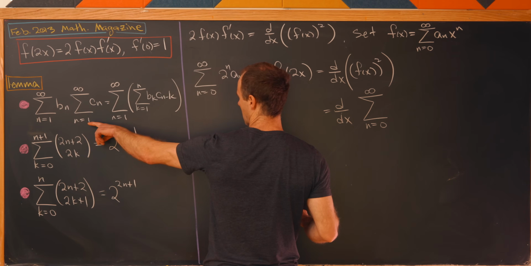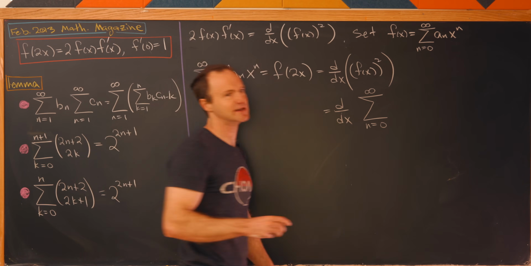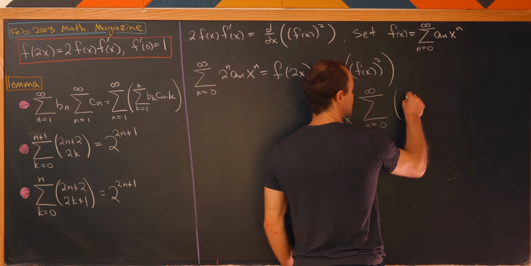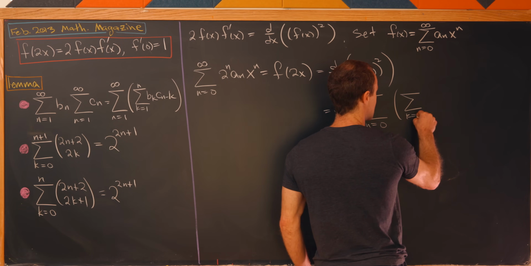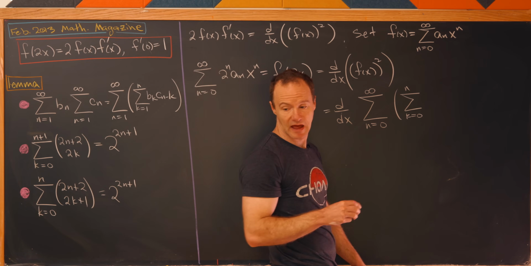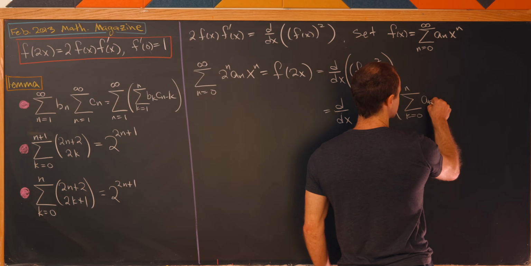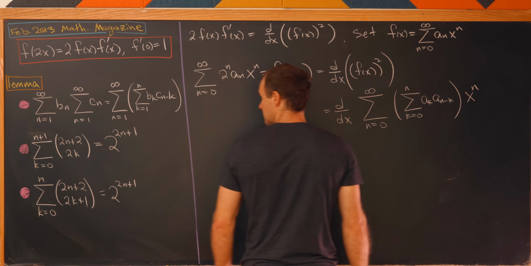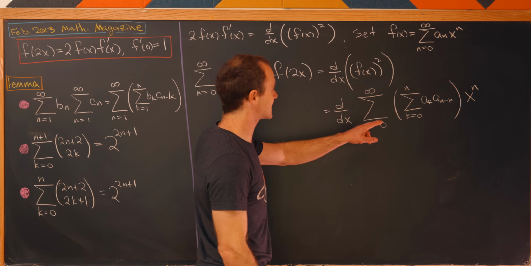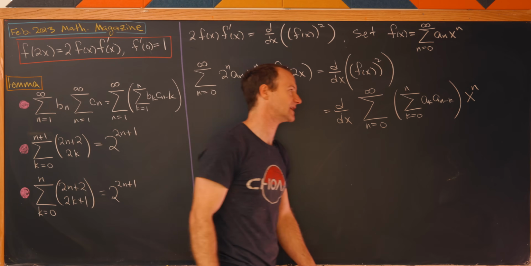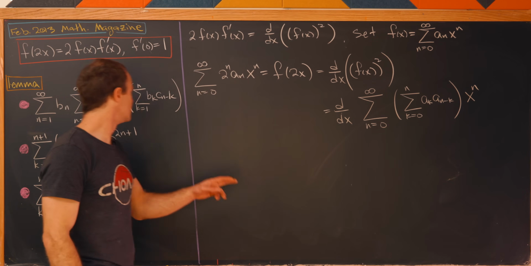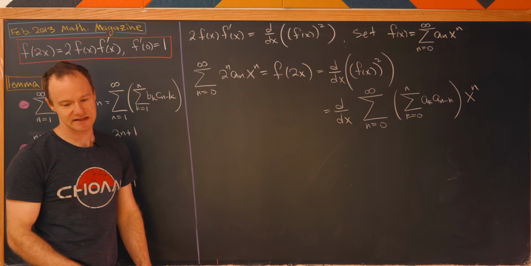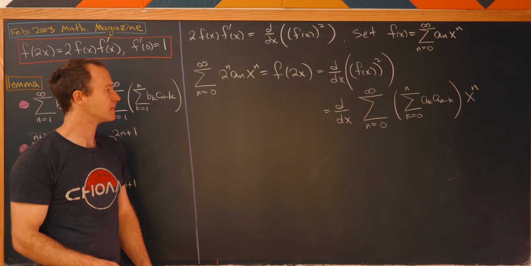In my formula here, I wrote n starting at 1, but you could very similarly start at n equals 0. And then on the inside, we'll have the sum as k goes from 0 to n of a sub k, a sub n minus k, and then x to the n. Notice we really have an x to the k term and an x to the n minus k term built in here, because those are parts of our b and our c n, but those will combine to this x to the n in all of the cases.